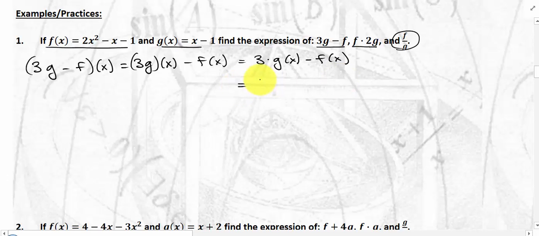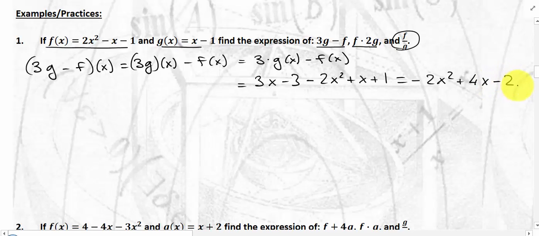So what is this? This is 3x minus 3 minus 2x squared plus x plus 1. So it is negative 2x squared plus 4x minus 2. That's it. Done with the first one.